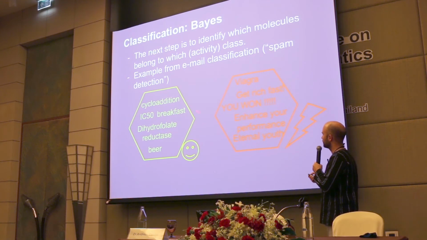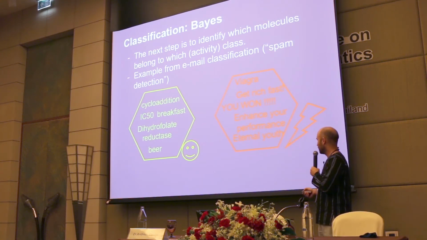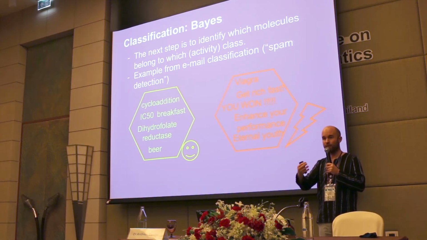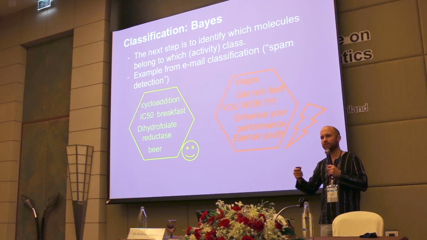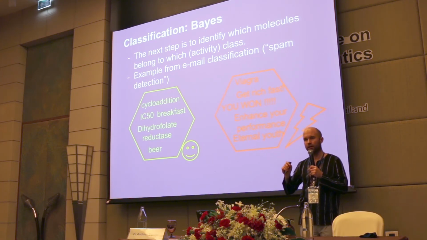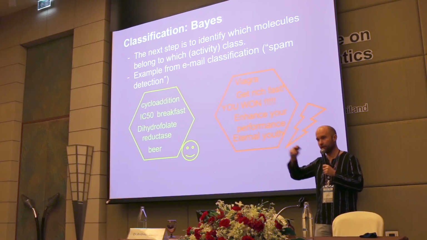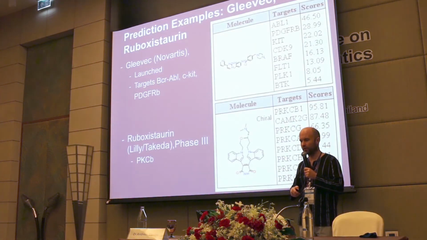So if emails you want to receive, they show those features. So these are the features in active compounds. And you have emails you don't want to receive, spam emails. So these are the features in spam emails or inactive compounds. And you just model probabilities in those classes. Again, it's a very quick way to learn. You can model millions of data points in hours, or it depends on how many dimensions you have in your feature space.